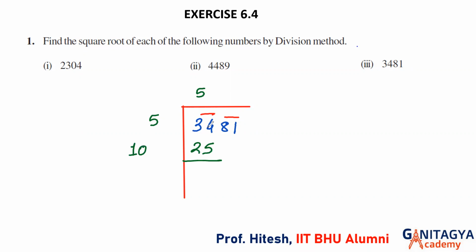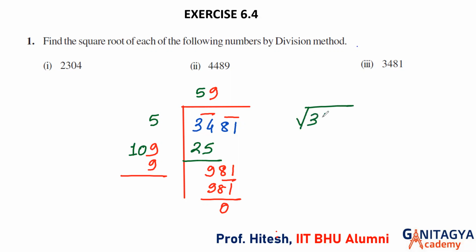Now 34 minus 25 will be 9, and then 81. We have to write 9 over here, because it is 81, so 109 into 9 will be 981. The remainder will be 0, so we write 9 over here. So we can say the square root of 3481 will be 59. So question number 3 is also completed.